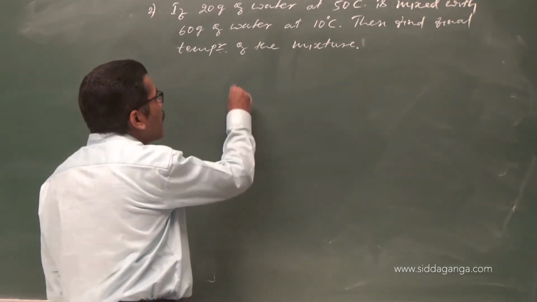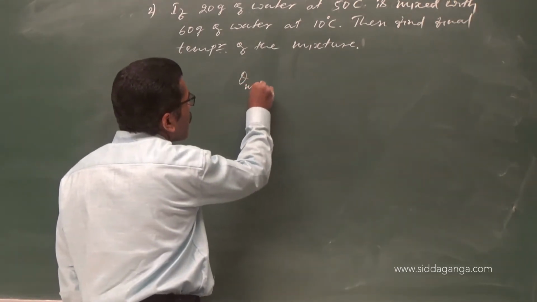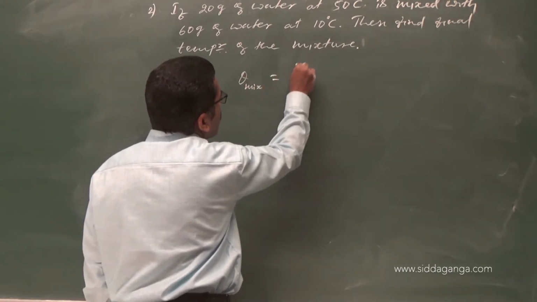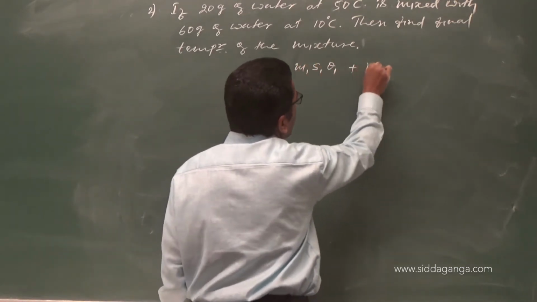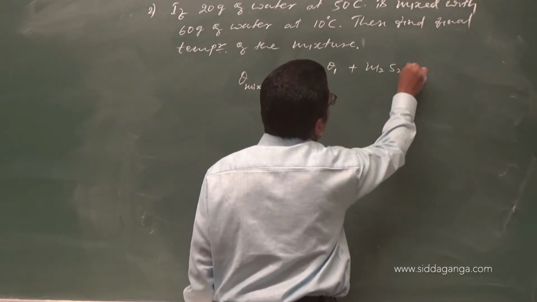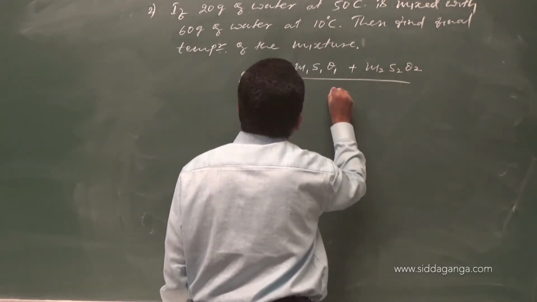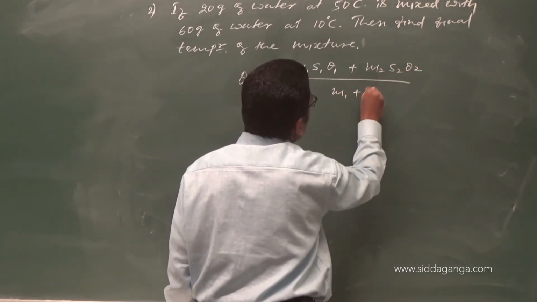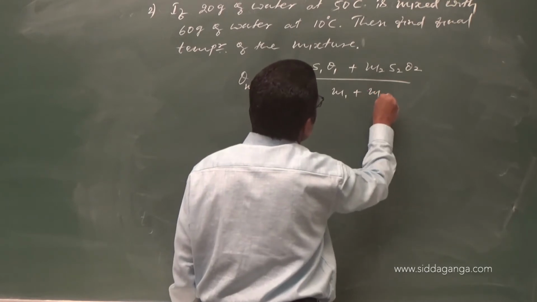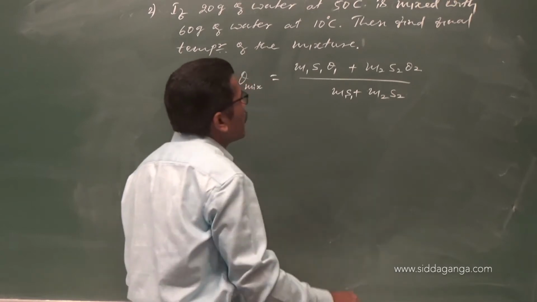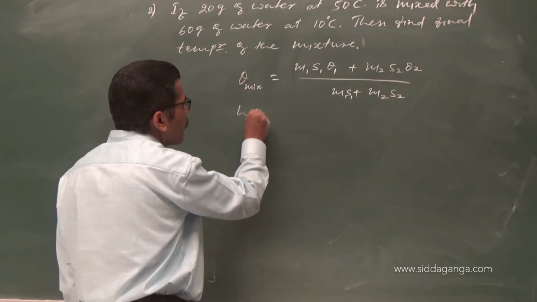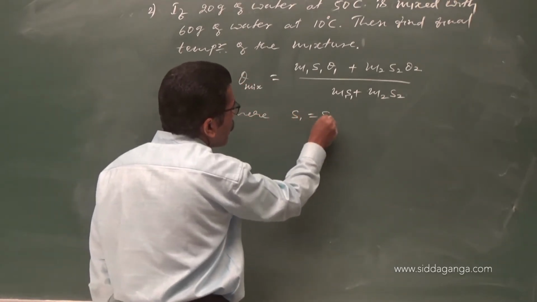It is given by the relation theta mixture is equal to m1 s1 theta 1 plus m2 s2 theta 2 divided by m1 s1 plus m2 s2. Here both are water, so S1 is equal to S2.